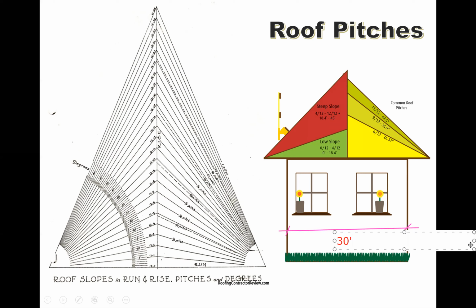Then the height from where the wall plate is up to the apex will be a quarter of that distance, which would be 7 feet 6 inches. That's what it means: 7 feet 6 from here to here.